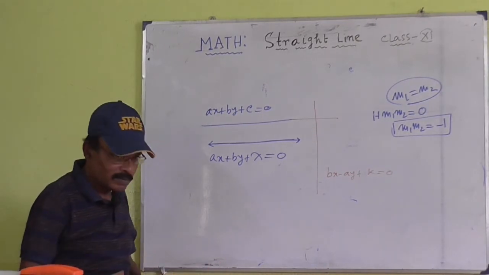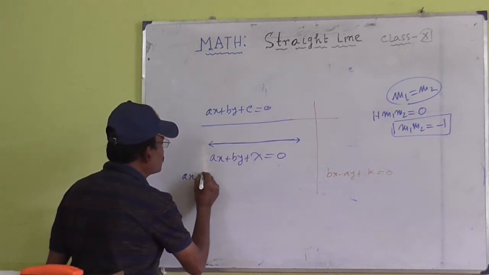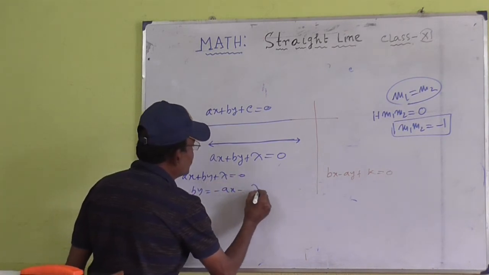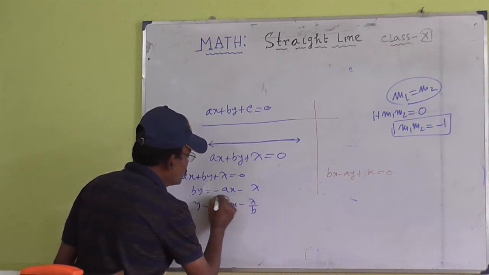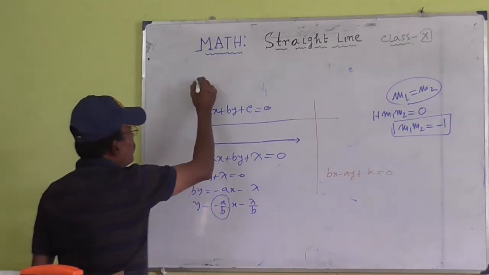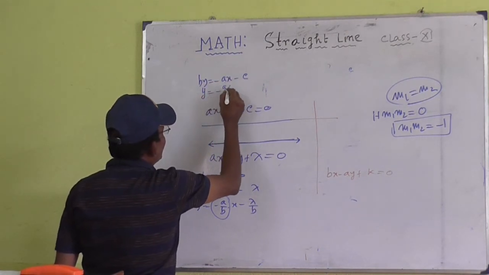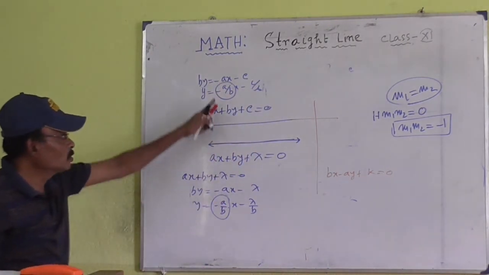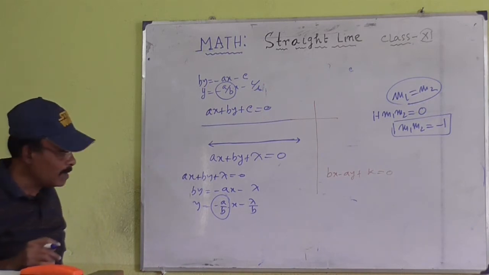Now let us check whether it is wrong or right. Here ax plus by plus lambda equal to 0, so by equals minus ax minus lambda, so y equals minus a by b into x minus lambda by b. Here the slope is minus a by b. And for ax plus by plus c equal to 0, y equals minus a by b into x minus c by b. Now observe that the two slopes, minus a by b and minus a by b, are same.